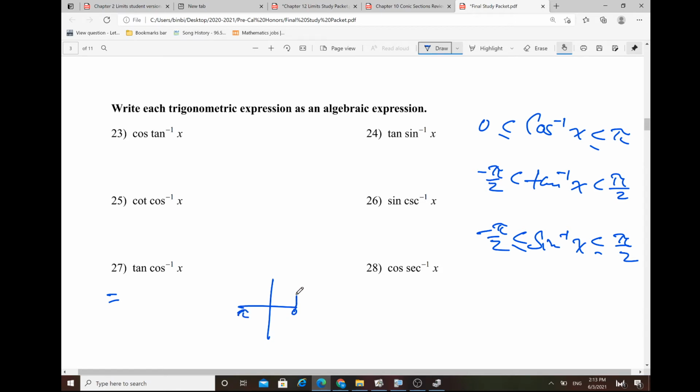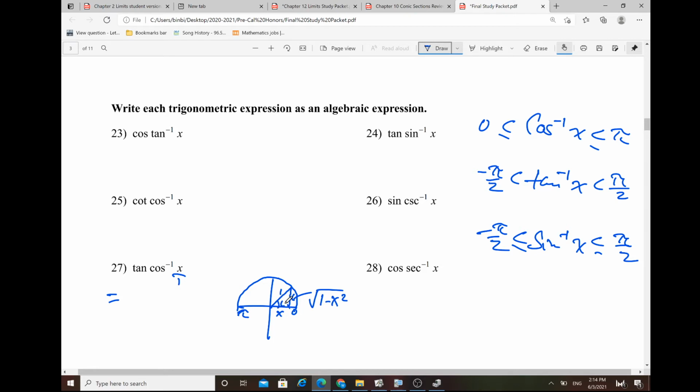So let's make a semicircle. We do know that the ratio for cosine is x over 1, adjacent over hypotenuse. It's positive, so that means the triangle is in the first quadrant. So adjacent over hypotenuse. For the opposite side, using the Pythagorean theorem with the ratio, it's the square root of 1 minus x squared.